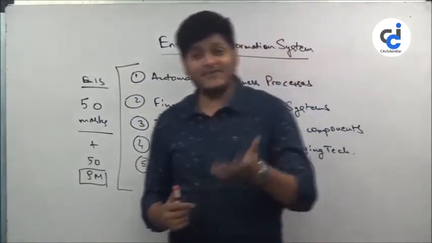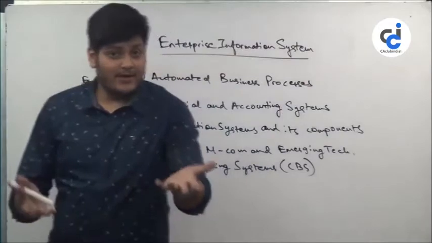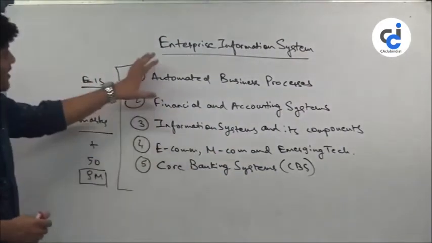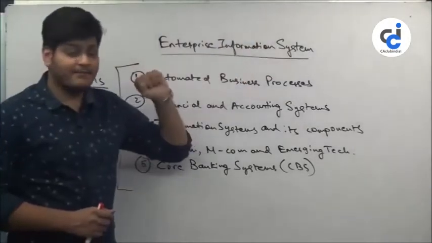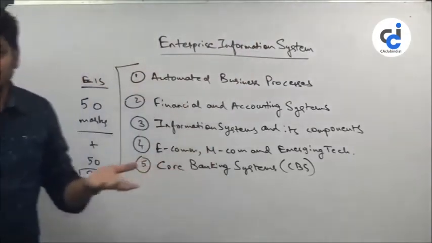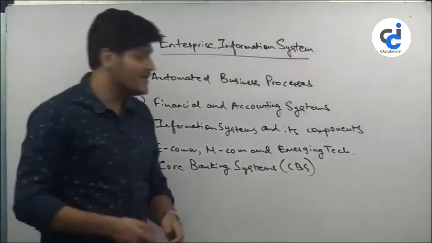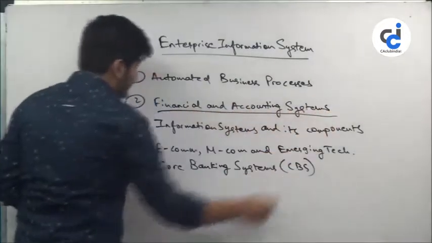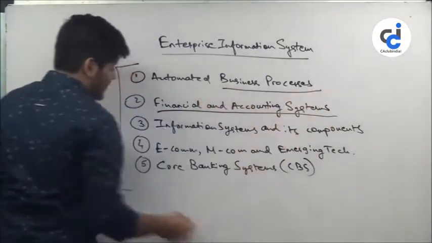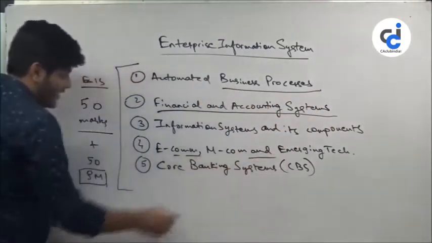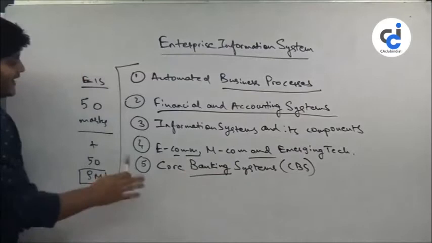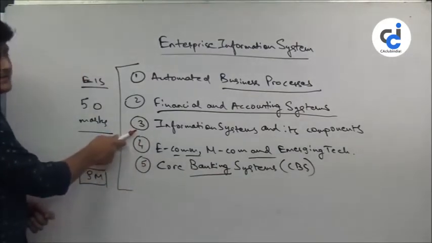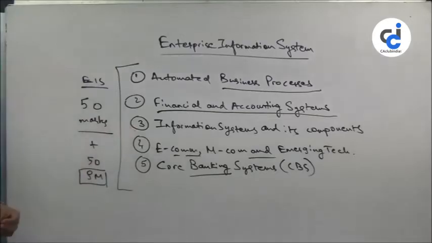Now I am going to say information technology for a very brief period of time, of course, because it takes time to adapt to the new syllabus. But EIS is obviously going to be a little boring if you have zero interest. But since it has been combined a lot with financial systems, business processes, the commerce background and the banking system, we are left with only one major technical chapter, which is information systems and its components.